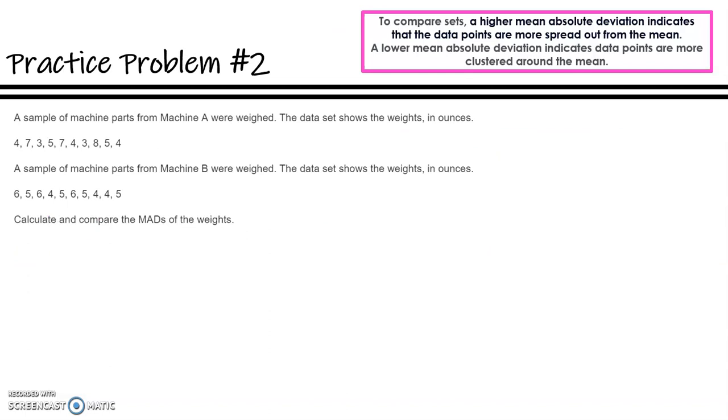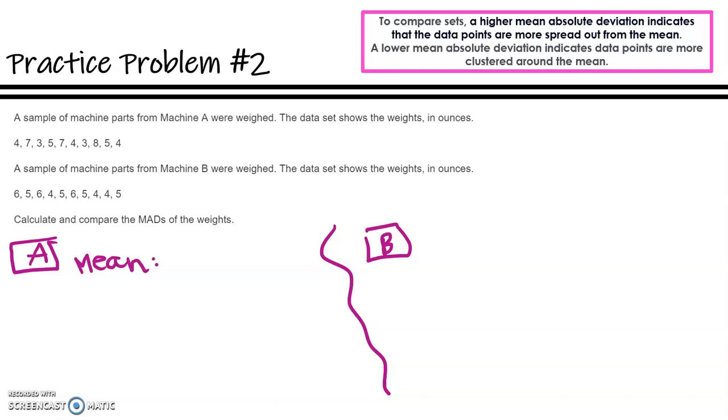Okay, here's practice problem 2. You need to calculate the MAD and compare them for each data set. So I'm going to have machine A over here, machine B over here. So first thing, I'm going to find the mean of my data in the top part.